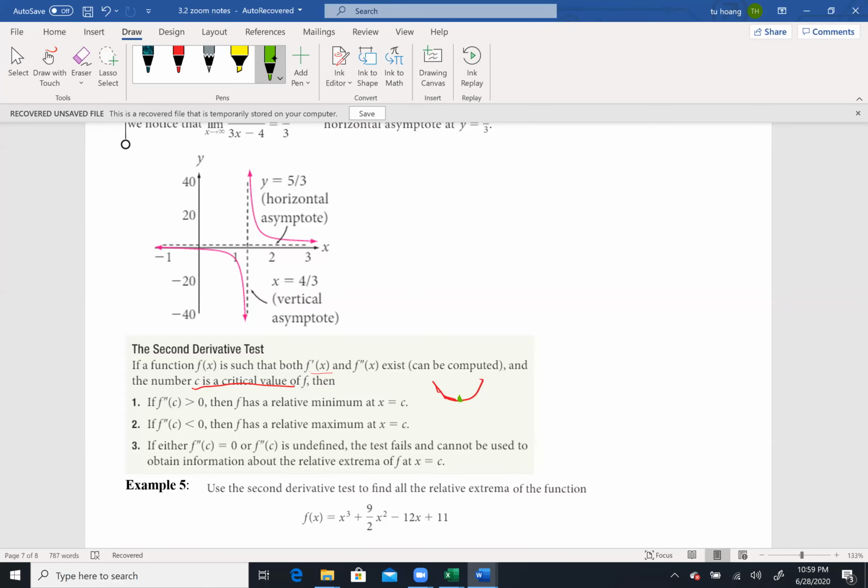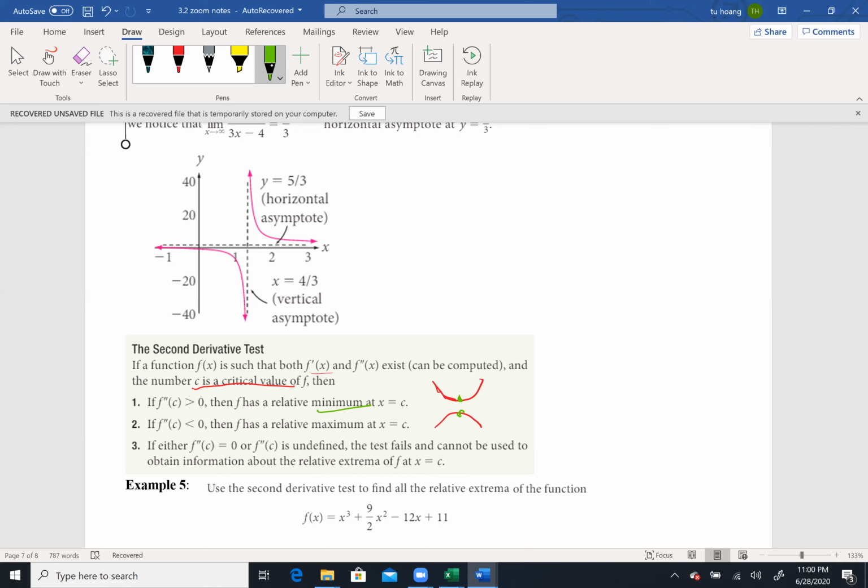So that gives you the minimum. Conversely, for f second derivative of x less than 0, that makes a concave down. So then the highest point you see here is the maximum.